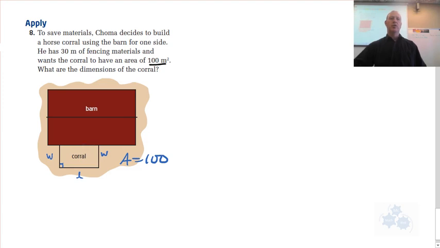We do not need to use fencing material for the barn side right here, because the barn will be that fence. So W plus W plus L would be equal to the total amount of fencing he has. If you don't like to use W and L, you could use X and Y as well, but I would suggest W and L. This of course simplifies to 2W plus L equals 30.